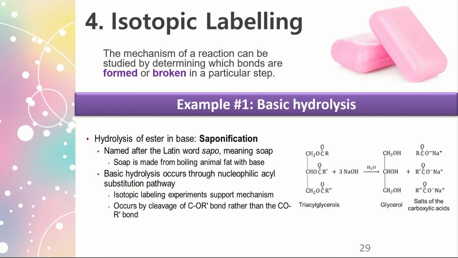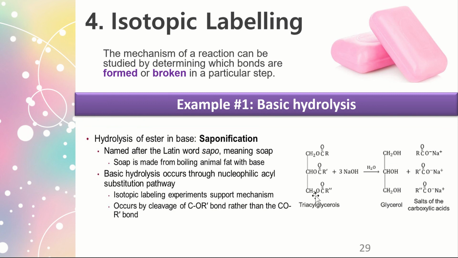So if you recall saponification, which is the hydrolysis of ester in base, it's named after the Latin word sapo, meaning soap. So soap, and that is why I have the picture of the soap here, is made from boiling animal fat.